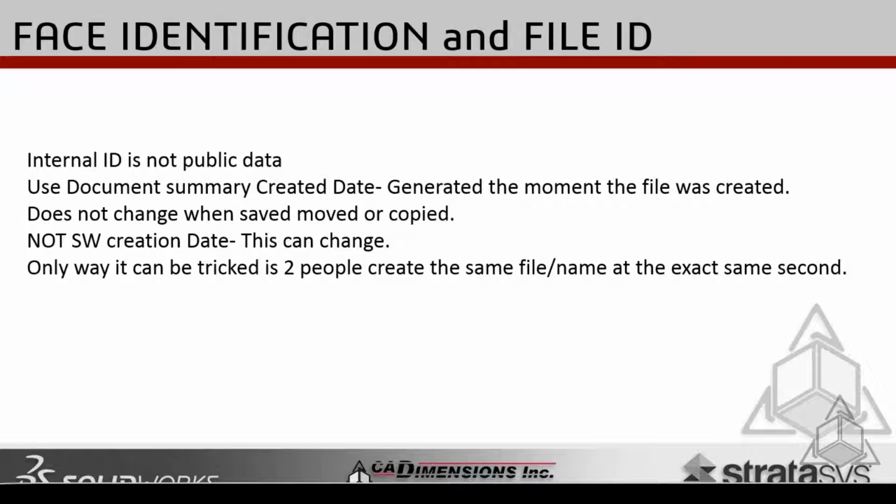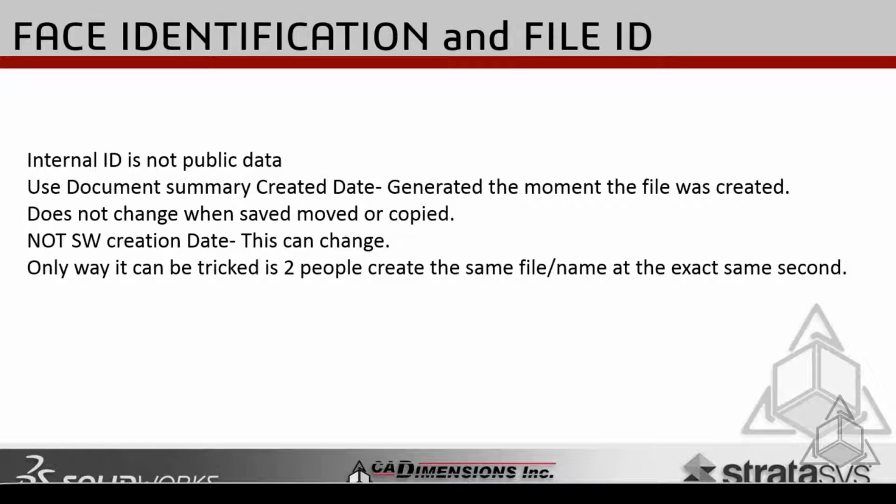This value is generated the moment the file was created. The date, the time, the hour, minute, second, right down to the exact second. So that value does not change when the file is saved, moved, or copied. This is what keeps a file ID in SolidWorks the same when you go from one file to another.